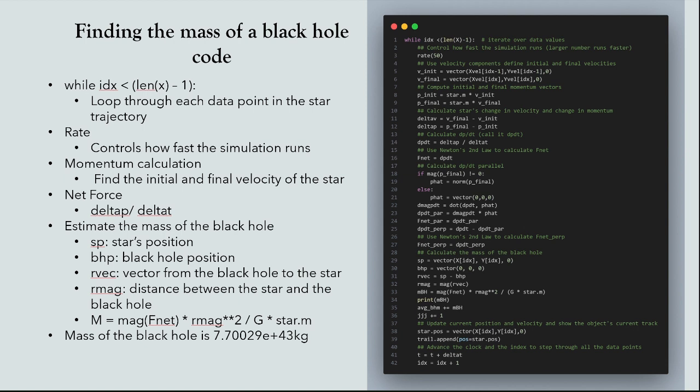Then, using that information, we estimated the mass of the black hole using the magnitude F net times r magnitude squared over G times the mass of the star, which came out to be 7.70029 E plus 43 kilograms.